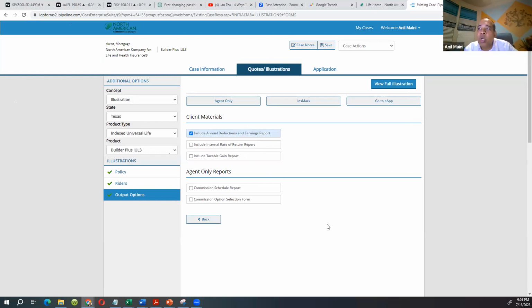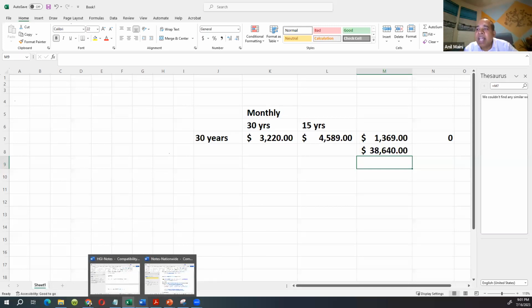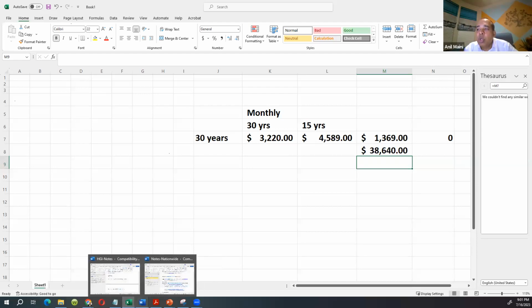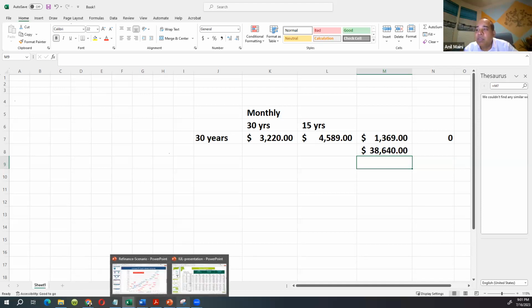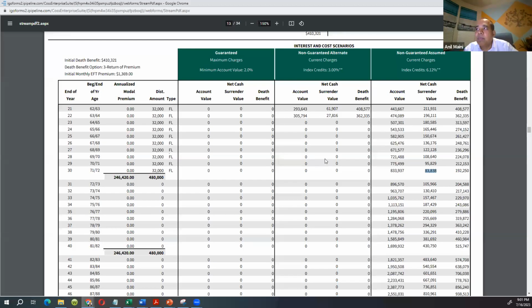But I will show you an old illustration where about 2% will be the bonus after the 15th year. As long as you pay premium, bonuses are less. As soon as your premium stops, bonuses kick in substantially. So those are usually very high bonuses. We will show you some old illustrations with the bonuses.